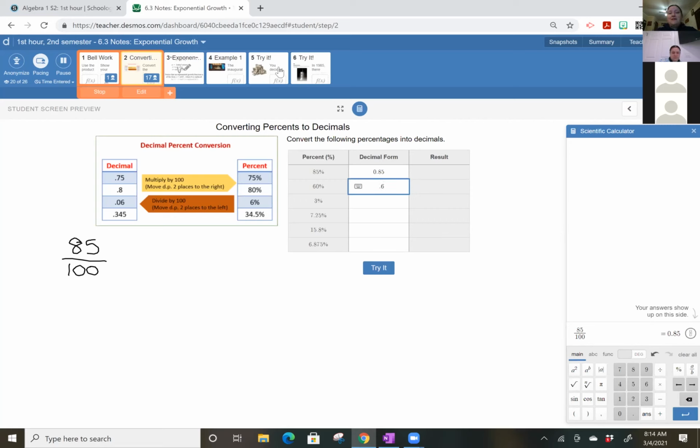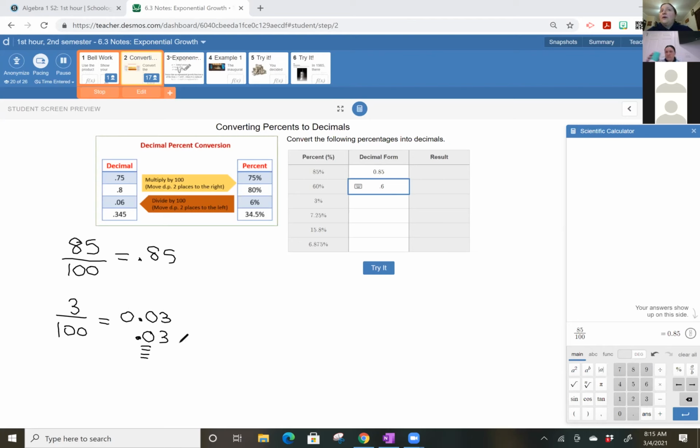Now you have to be very careful about 3%. What does 3% become as a decimal? 0.03. Yep, 0.03. Technically, you don't need that front 0, but you definitely need this 0 right here.